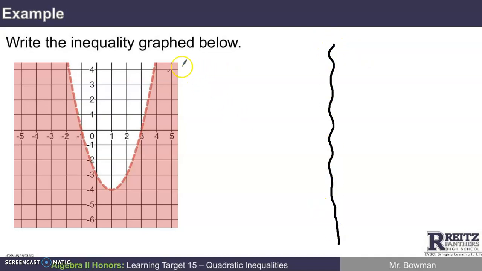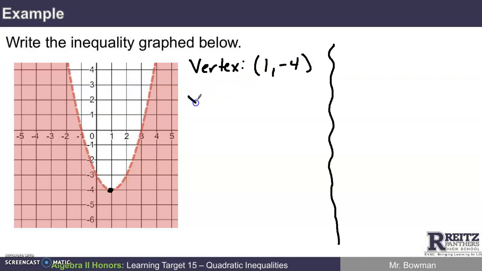So method 1 would be to indicate that, hey, there's the vertex. The vertex is at 1, negative 4. So that tells me that I can write an equation that is in vertex form.